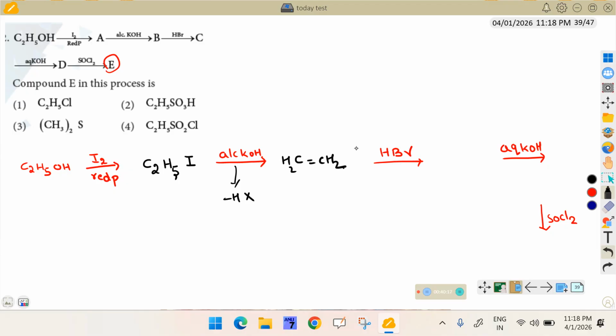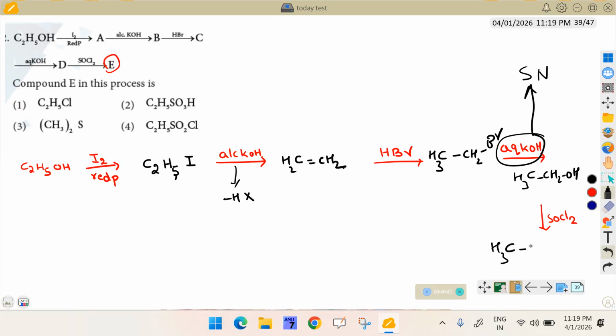Add HX, follow Markovnikov's rule, then it gives CH3CH2Br. With aqueous KOH, nucleophilic substitution takes place, then it gives CH3CH2OH. Alcohol reacts with SOCl2, then it gives CH3CH2Cl, that is nothing but C2H5Cl.